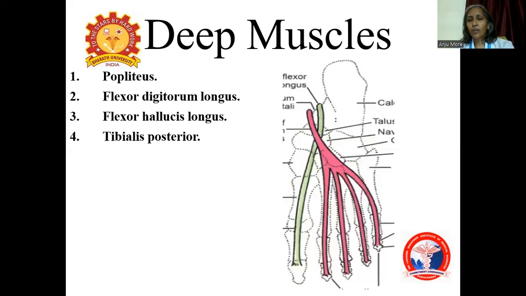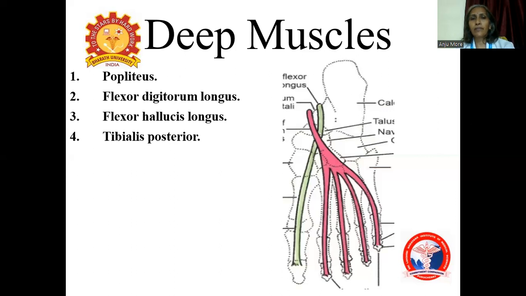So here what we need to understand is, as we have seen in the upper limb muscles, the muscle which comes with the name digitorum is the muscle which will go to 4 digits. The flexor hallucis longus, hallucis, that means this muscle will go for its insertion to the hallux. Hallux is the great toe.